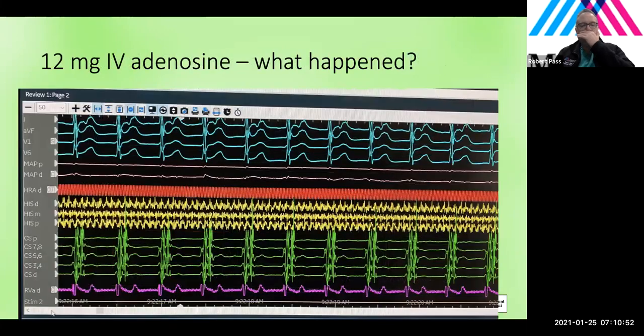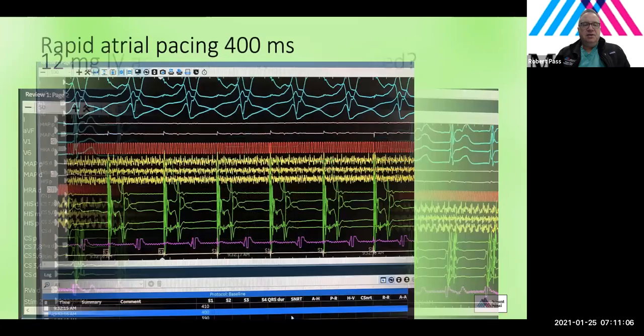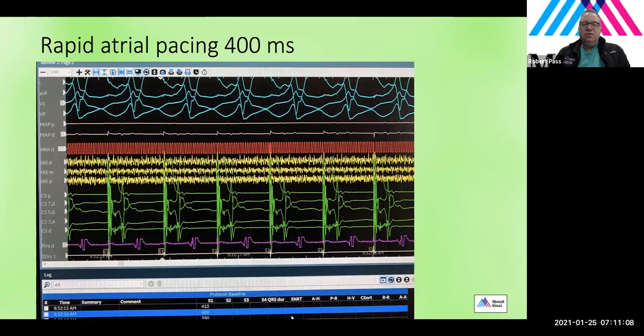Okay. Now, the patient is V-paced here. Actually, that's not true. This patient is just in SVT, so forget about that. Sorry. Okay. So we start rapid atrial pacing, and we're pacing from the coronary sinus pair, which is why you see sort of a sharp signal on the CS.